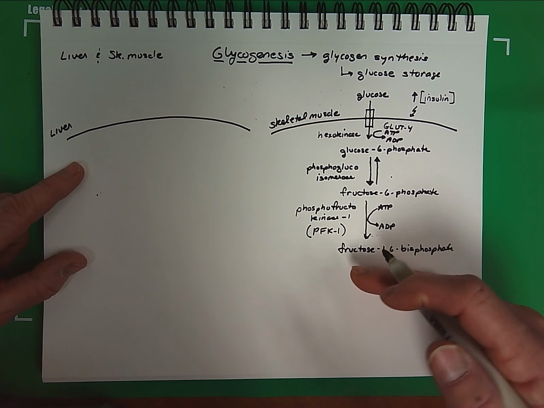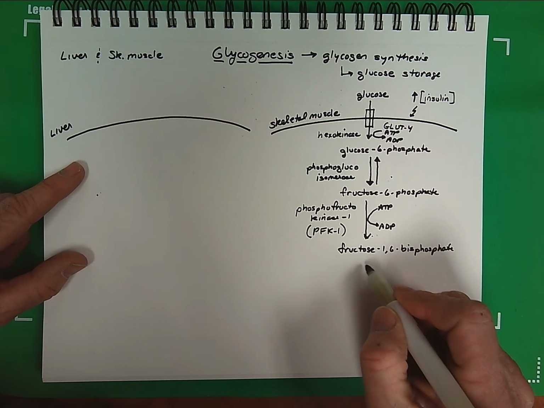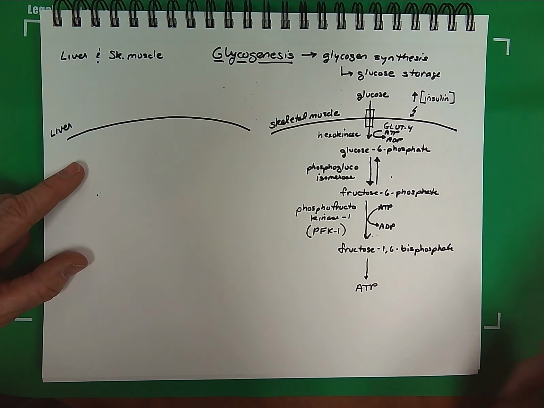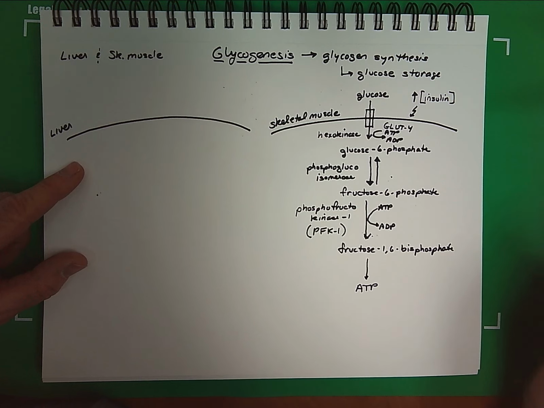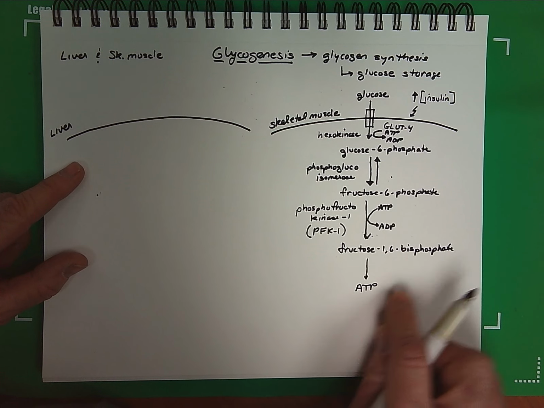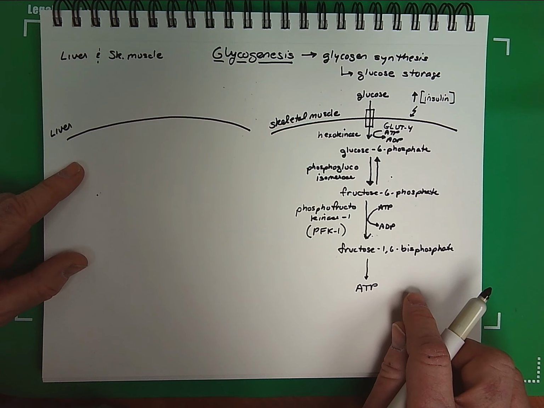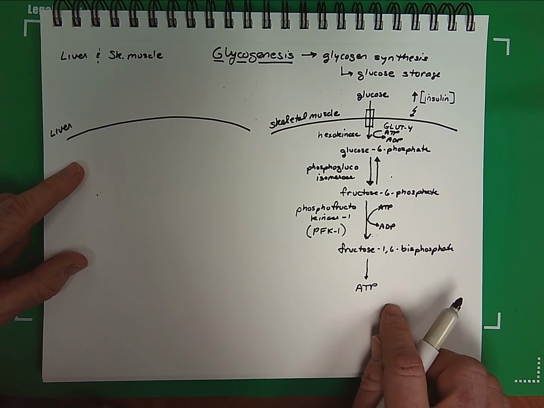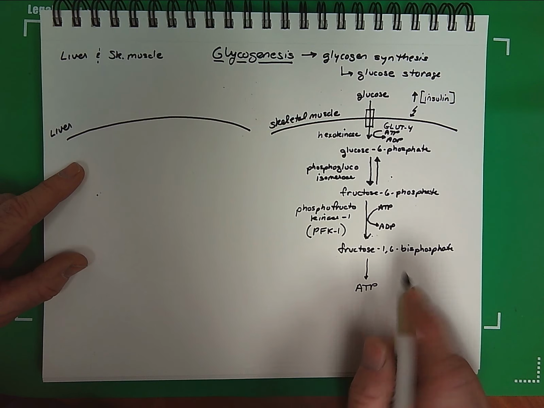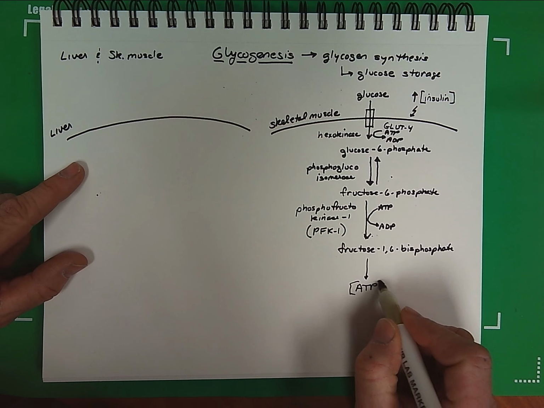Now, as we progress through glycolysis, the ultimate goal of this is to generate ATP. Now recall that the ATP concentration in the cell increases because of oxidation of glucose and the generation of NADH going through oxidative phosphorylation, and so we can produce very large amounts of ATP.